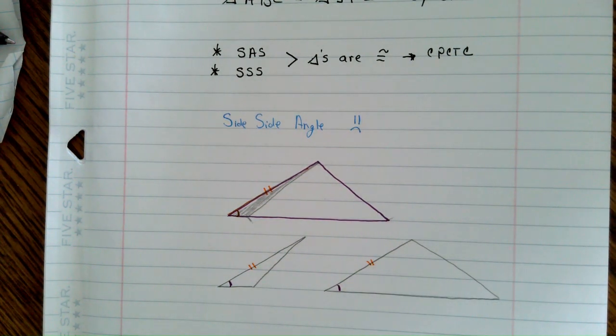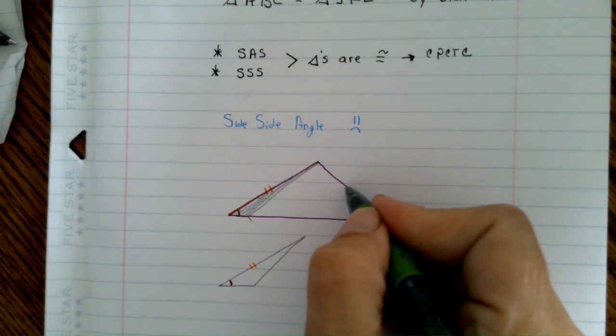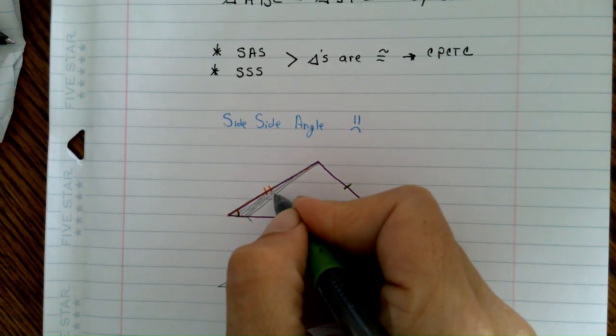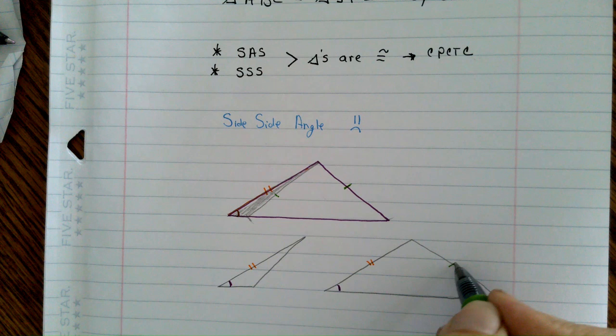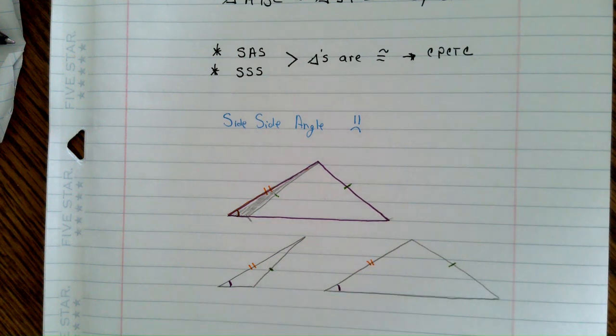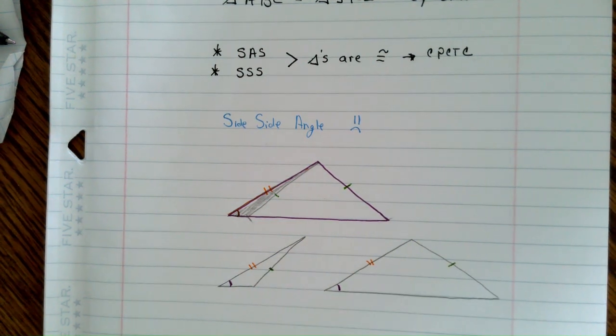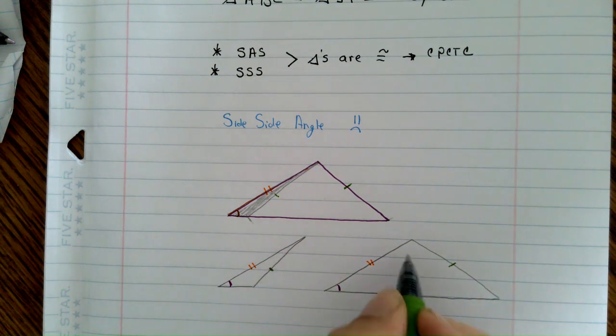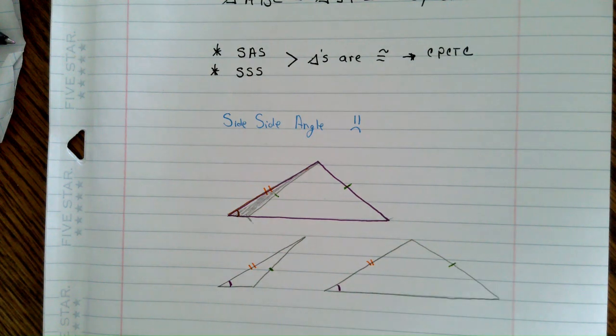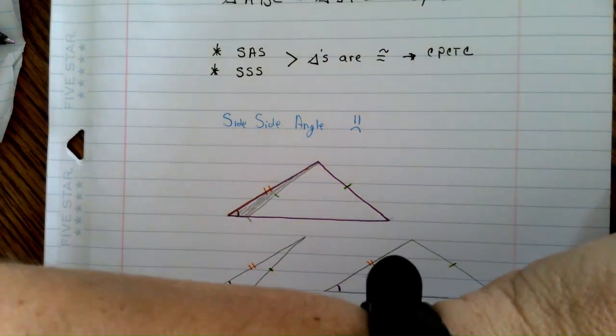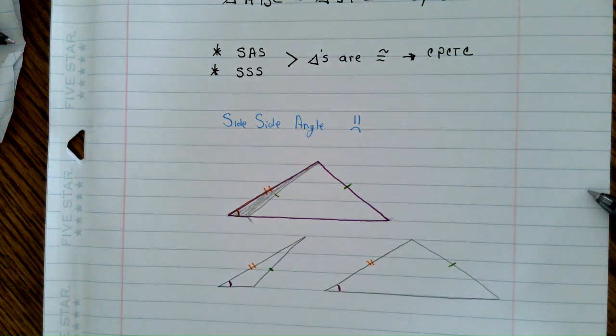And I think you all saw me take this side and copy it to where it was that side. Okay, so this time I've drawn my picture to where my angle is not included. My angle is not sandwiched between these two like it was in side angle side. Instead, it's out to the edge.